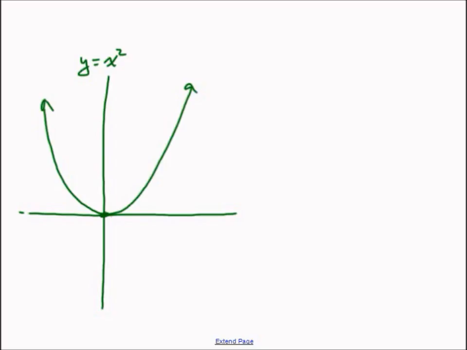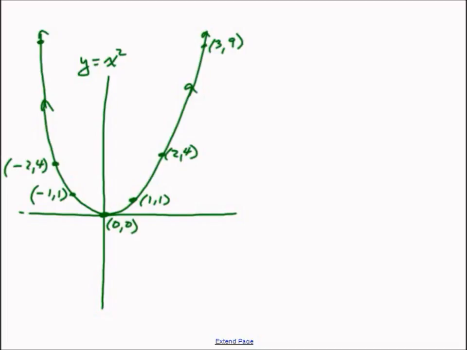And we know a few points on this graph, 0, 0, 1, 1, 2, 4. And if we go further up, we would have 3, 9, and so on. Likewise over here, we have negative 2, 4. We have negative 1, 1, and we have negative 3, 9.